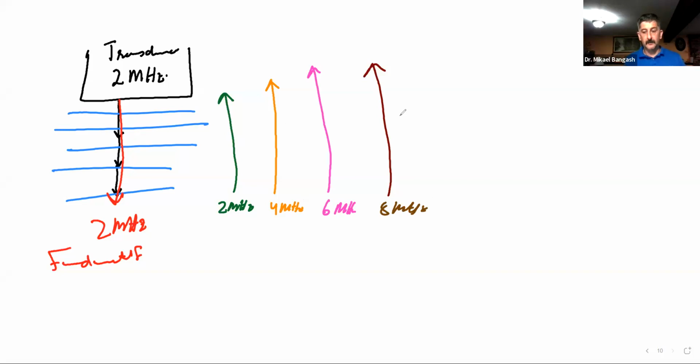Those would be the frequencies of the sound wave that is returned back, so your reflected frequencies. And now, since we have the harmonics function on, if we had the harmonics function on.